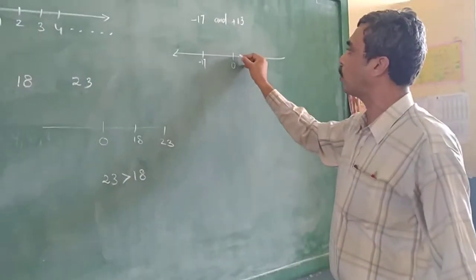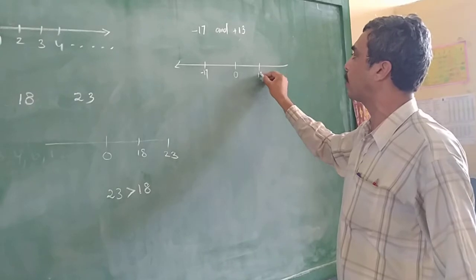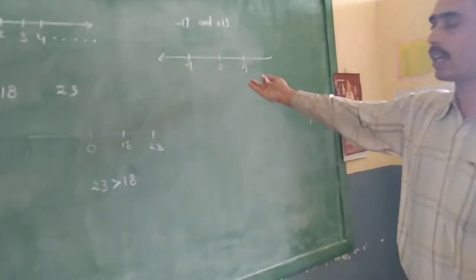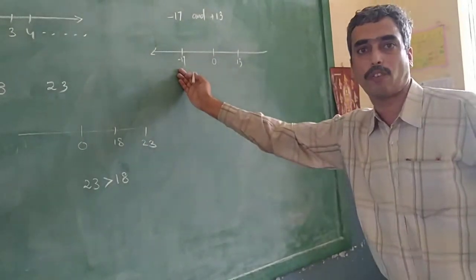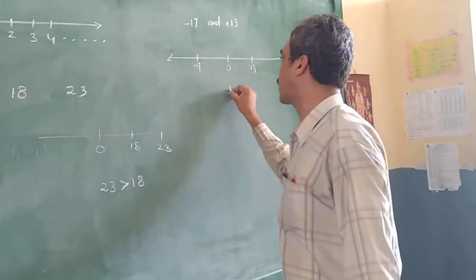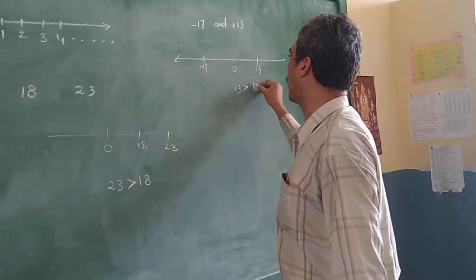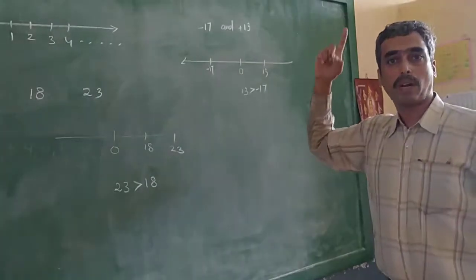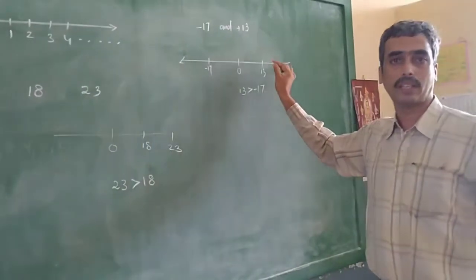After 0 come 1, 2, 3, 4, and somewhere 13 will come. Now you can easily compare: 13 is on the right side of -17. As 13 is on the right side of -17, 13 is greater than -17. This is how you compare the integers.